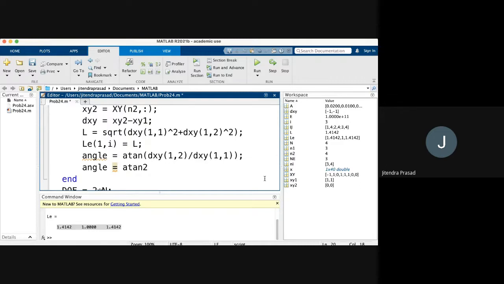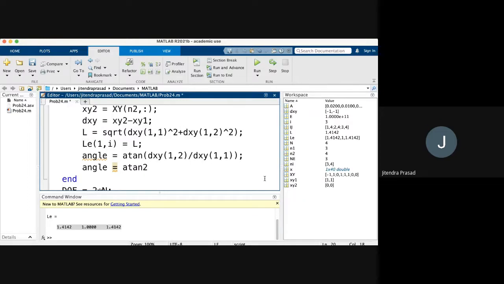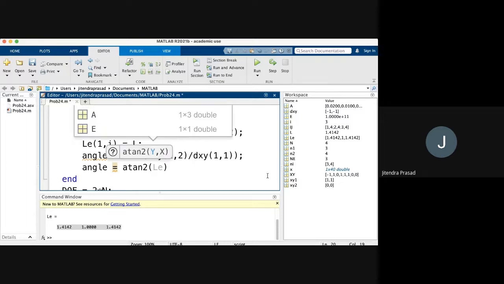Yeah, so I think in MATLAB, okay, atan2, and then you can give the y value and x value.